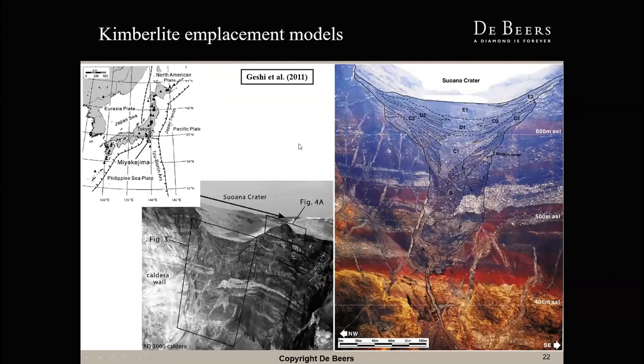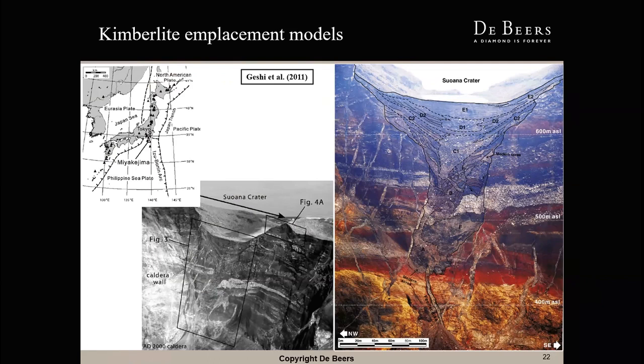Then in terms of some real examples, one always sees these perfectly drawn cartoons in papers on what diatremes and vents look like. But if we go to the south of Japan, there's a little island in the Philippine Sea where there's a volcano known as Miyakejima.